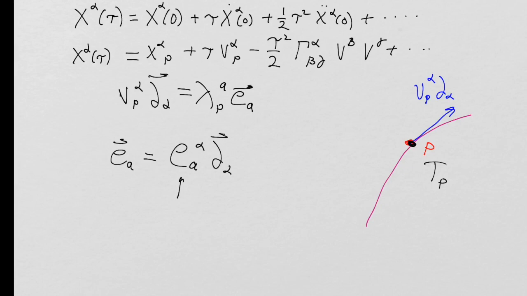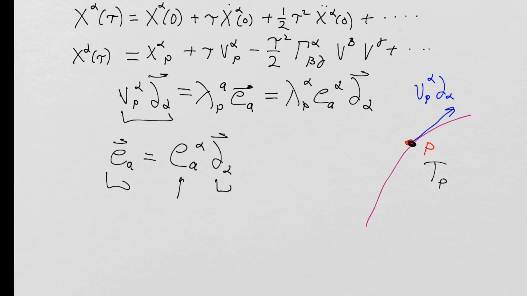So that says how this basis is expressed in terms of that basis. So I can take this one step further and write this as lambda P alpha, E_A^alpha partial alpha. And now everything is in the same basis system, right? This is in the same basis system as that.